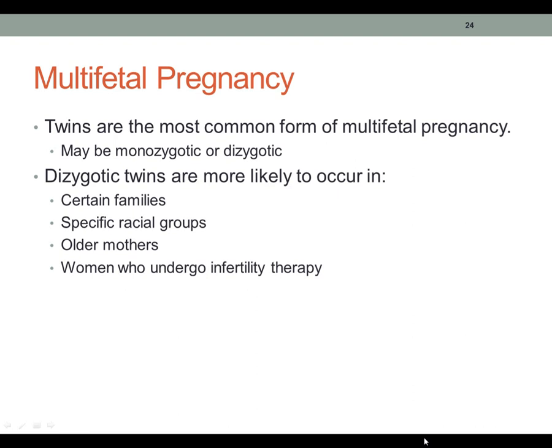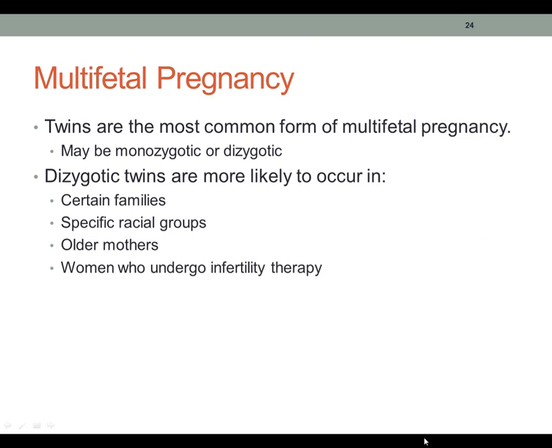And what this means is monozygotic means that one egg split and made two embryos. And because it's from one fertilized egg, then these two babies will be identical. They'll be exactly the same. They'll be the same sex. They will have the same appearance. They will have the exact same genetic makeup.